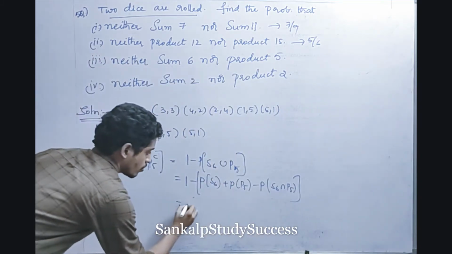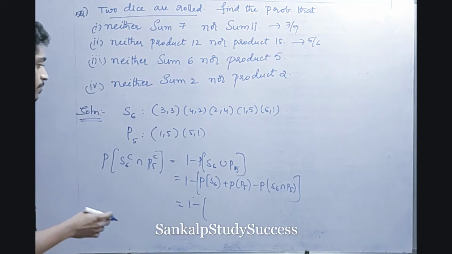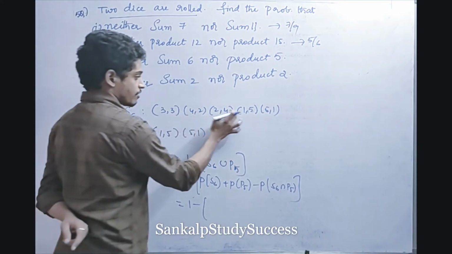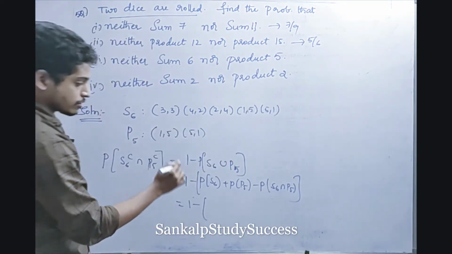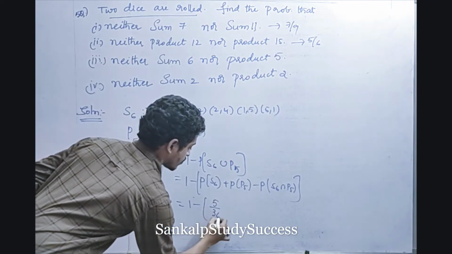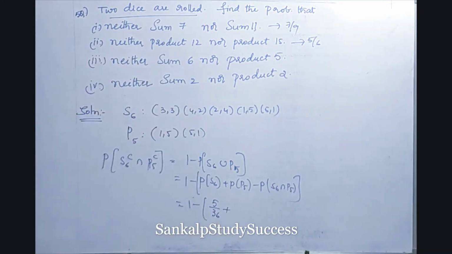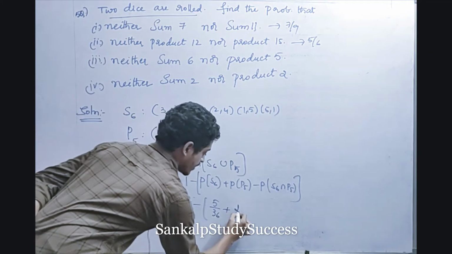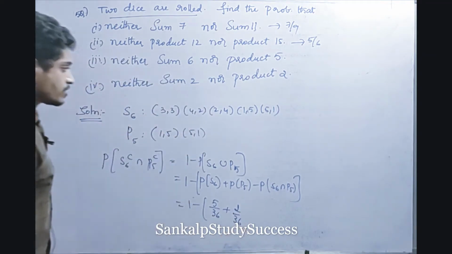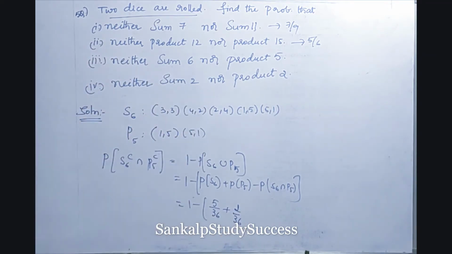What is the probability of sum 6? There are 5 outcomes, so 5 by 36. Plus the probability of getting product 15: 2 by 36.